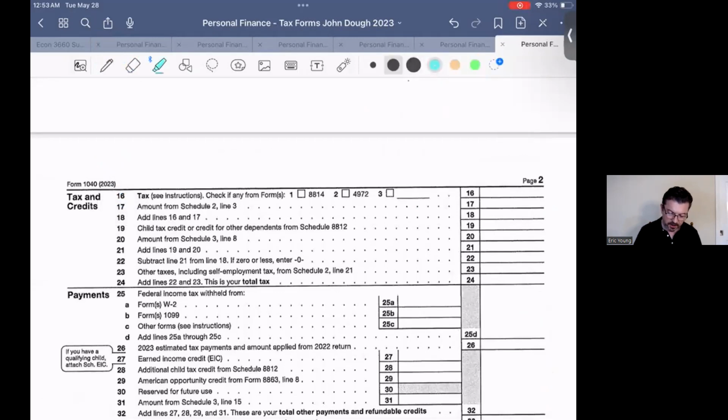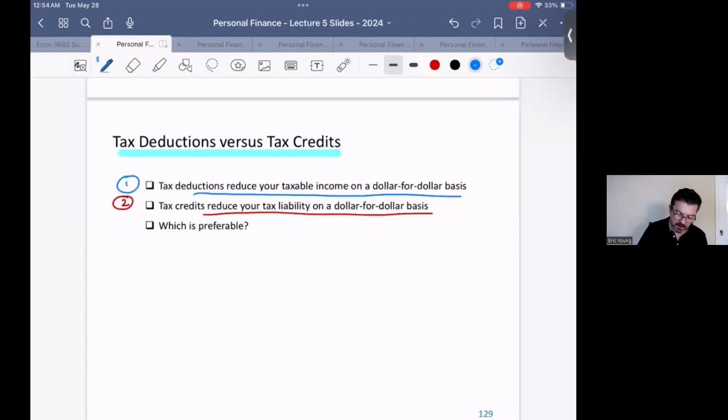You have up here on line 16 your total tax, and then on line 19 and on line, I believe, 20, you have all your credits. Those are then subtracted from line 21. So whereas your tax deductions reduce your taxable income on a dollar for dollar basis, tax credits reduce your tax liability on a dollar for dollar basis.